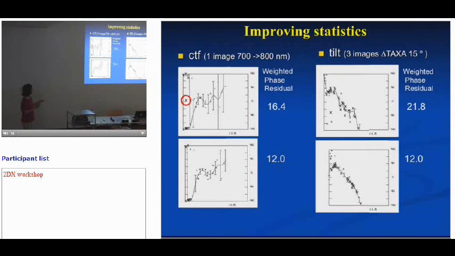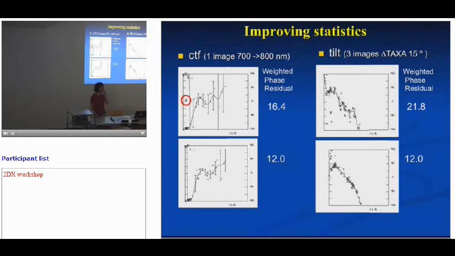Then it flips the phases, and it becomes in agreement with the others. When I did that, just on one image, my overall weighted phase residual dropped by 4. So you can see that it has a very big impact.